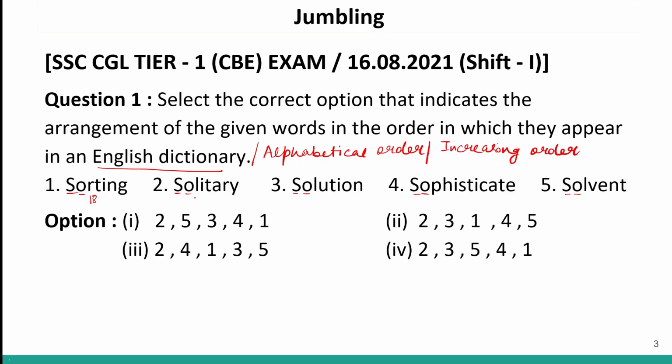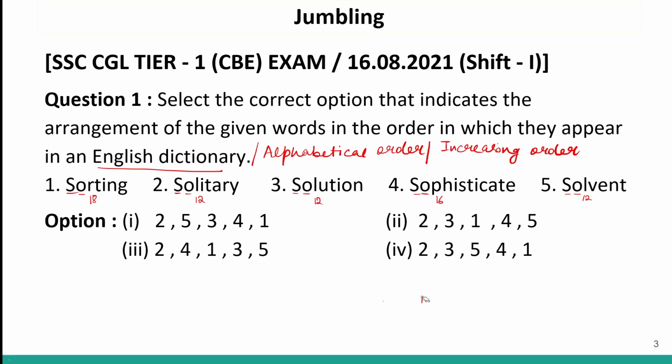L is ranked at 12. L is ranked again at 12. P is ranked at 16 and L again 12. So I know that first three will be 2, 3 and 5. Which order we don't know. So fourth position will be 4 and fifth position will be 1.